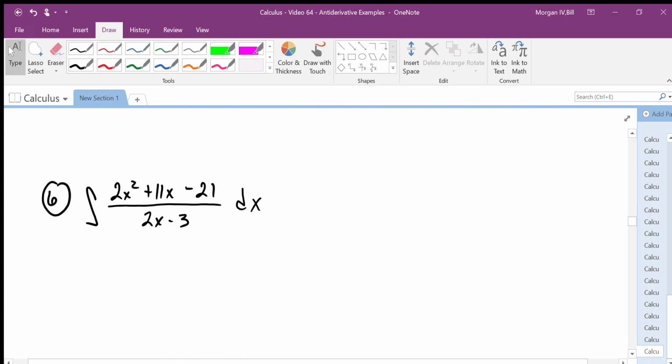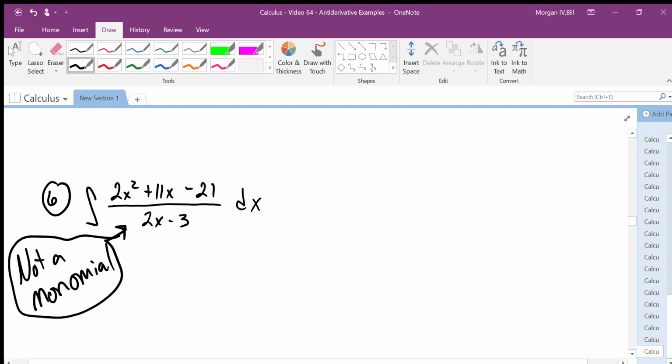Oh, I was wrong. I said that was the last one, but there's one more. What if it's not a monomial? Right, our denominator here is not a monomial. What do we do? Well, you could separate everything into like 2x squared over 2x minus 3, 11x over 2x minus 3, 21 over 2x minus 3, but we don't yet know how to take the antiderivative like that.